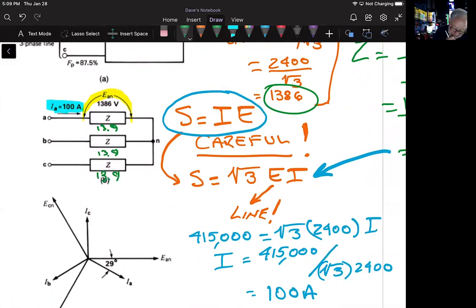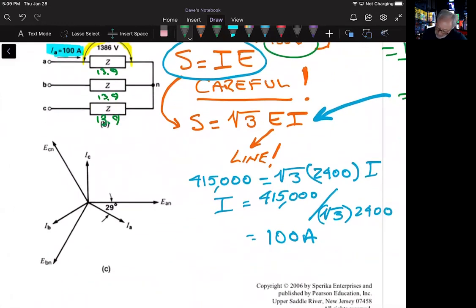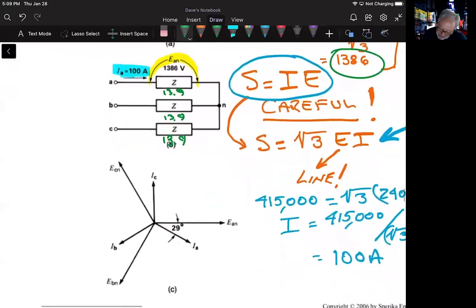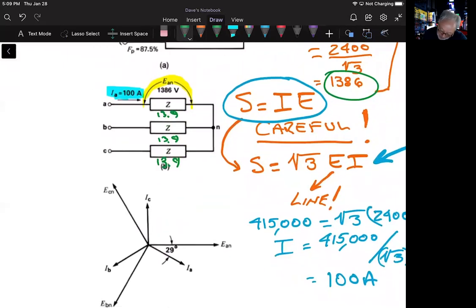The next thing he's asking is, what is the phase angle between the line to neutral voltage and the corresponding line current that is given to us? Well, for this problem, we're going to need our power factor, which we were given as 87.5%, or 0.875.